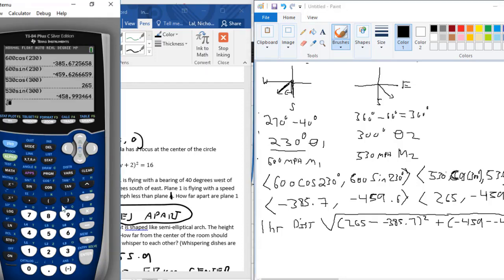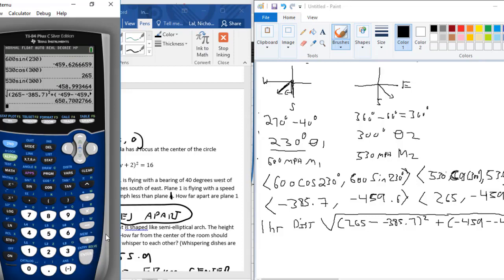I find the square root of 265 minus negative 385.7, close the parentheses, square it, plus negative 459 minus negative 459.6, close the parentheses, square the term, hit the enter button.